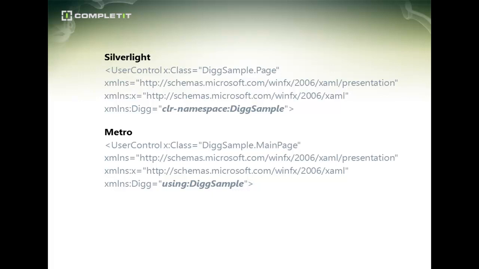If you look down at the very bottom here, you'll see the XML namespace dig equals "using:dig sample". So that's one thing to keep in mind regarding the XML namespaces. Also, here is another example that I decided to add, and this one is for Microsoft's Ad SDK.